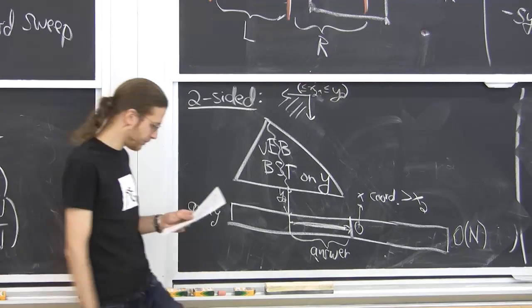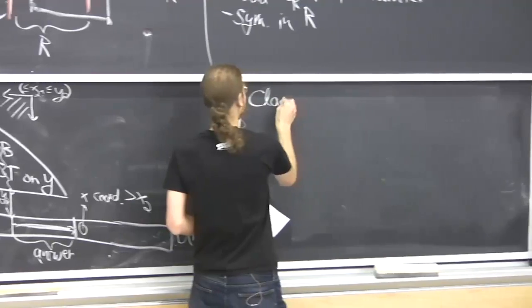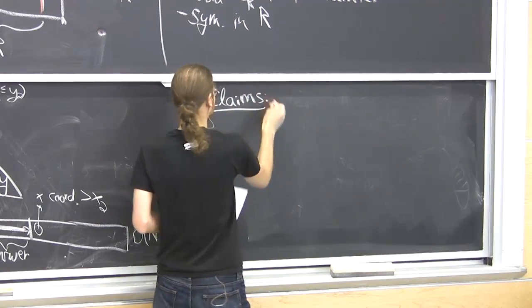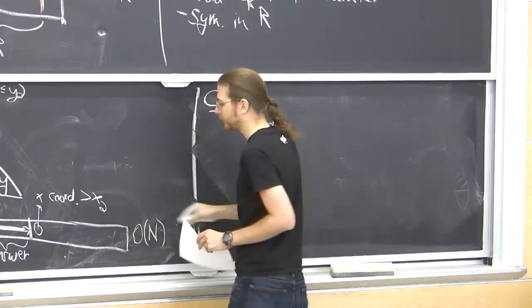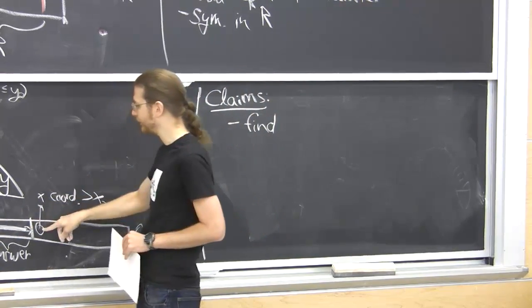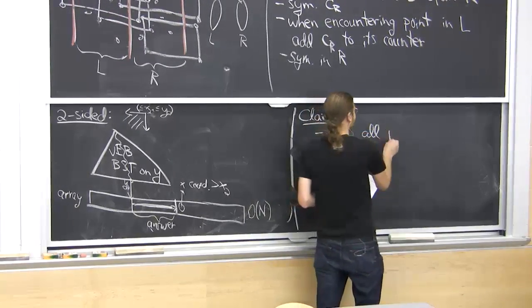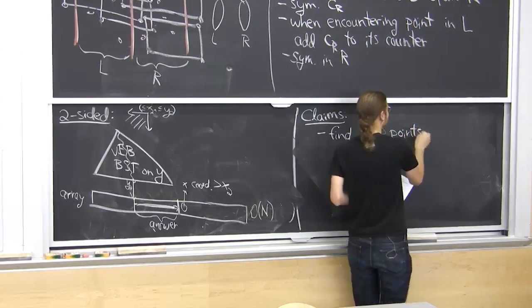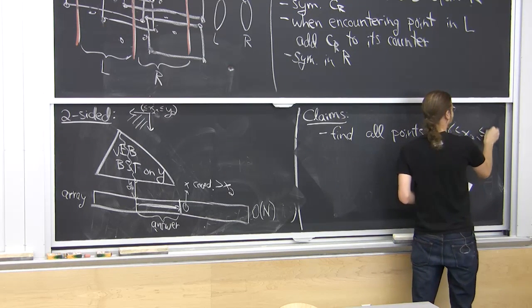And yeah, maybe I'll write down the things we need to prove as well before we get there. So you can think about them as we're writing down the algorithm. First claim is that this algorithm, which just decides to stop whenever it gets an x-coordinate that's too big, actually finds the right answer. Finds all points in the range that we care about.